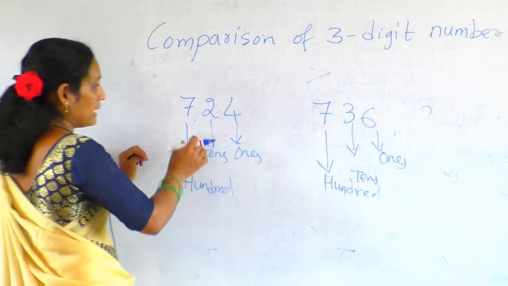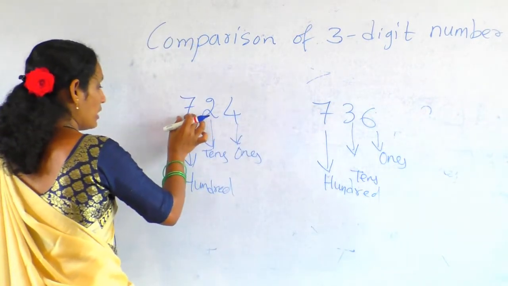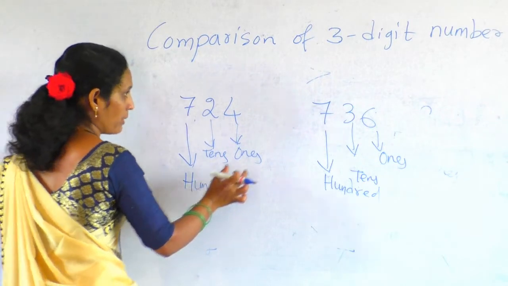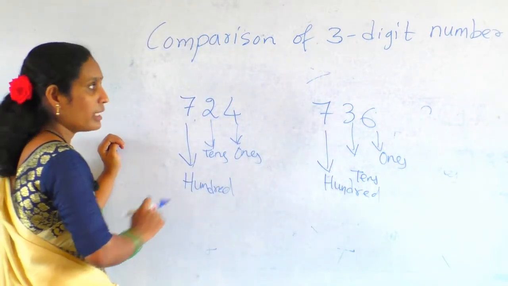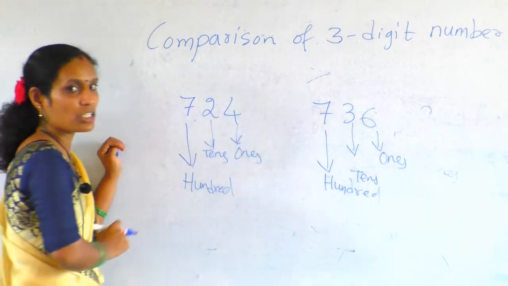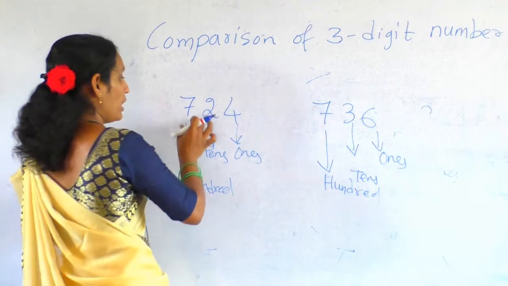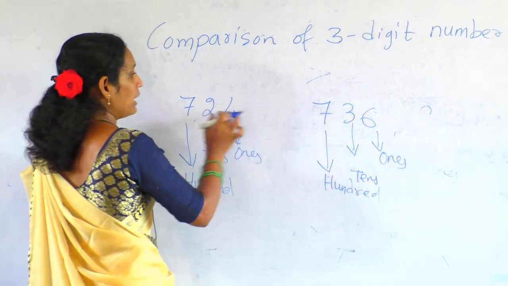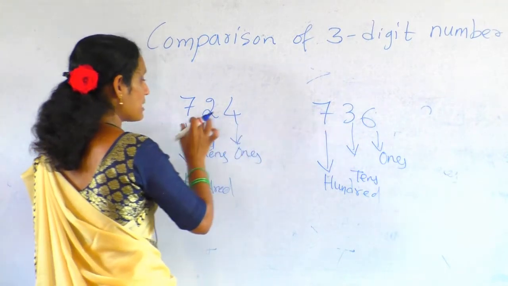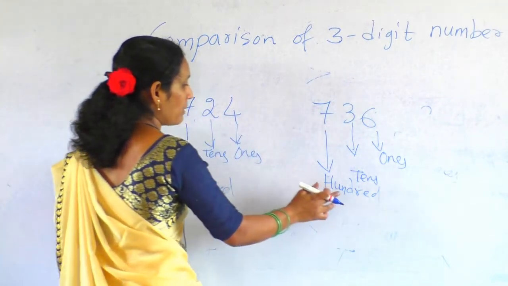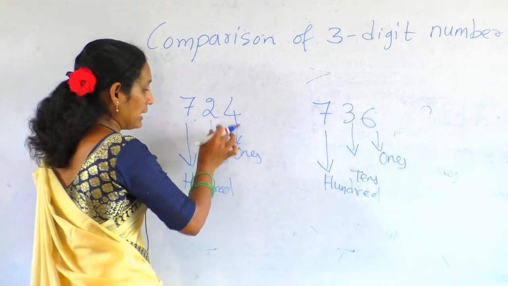First I told you to see the hundreds place. Here 7 is in the hundreds place, and here also 7 is in the hundreds place. Then how to find which is the greater or smaller number? If both the hundreds place numbers are the same, we have to go forward to the tens place.